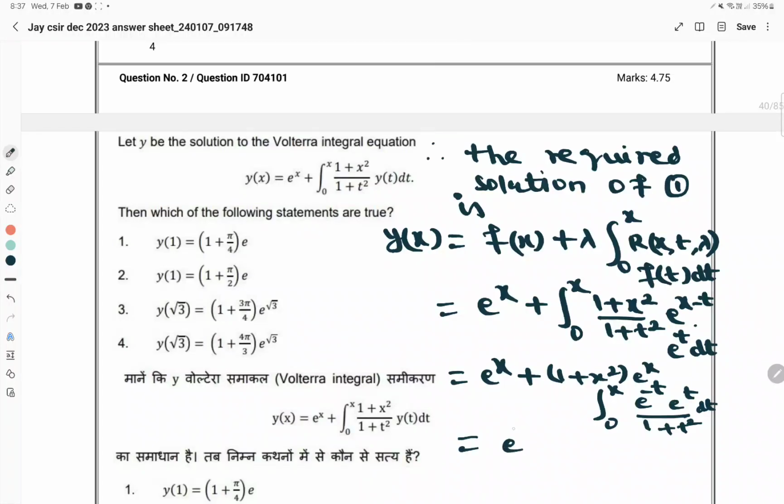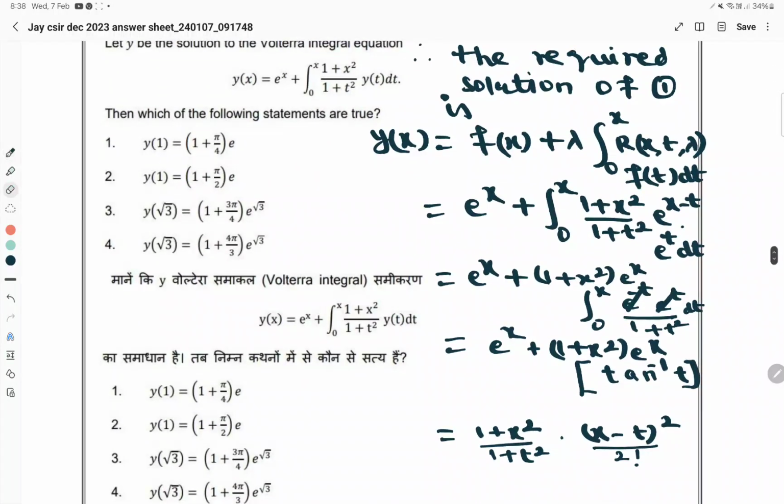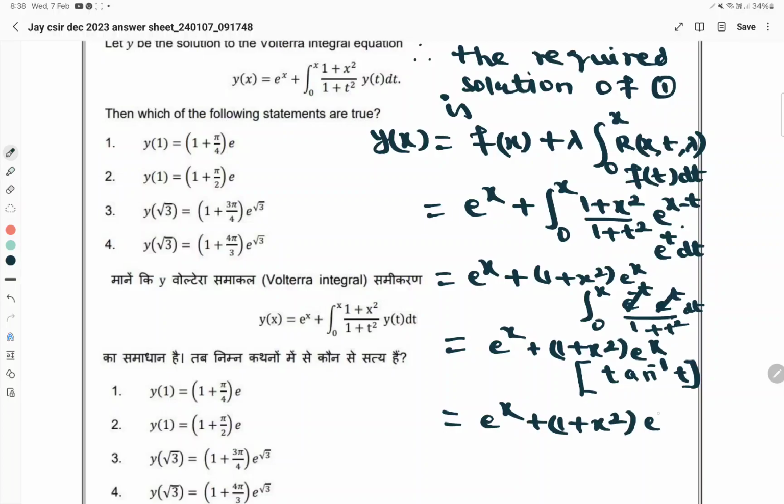Which is equivalent to e power x plus (1 plus x square) e power x, e power minus t and e power t both get cancelled. Integration 0 to x of dt by 1 plus t square is nothing but tan inverse of t.